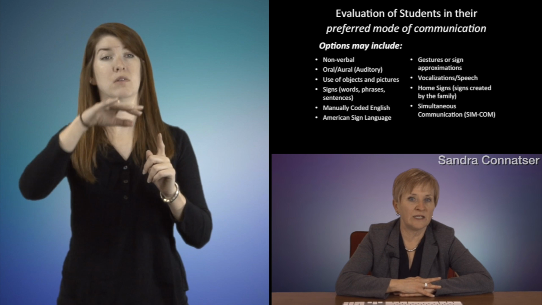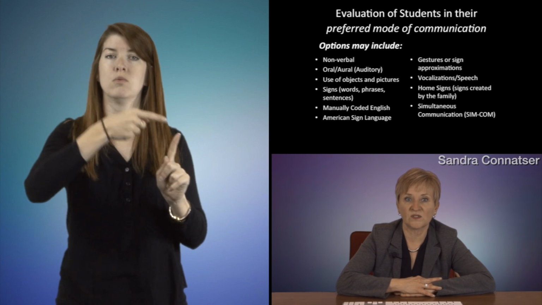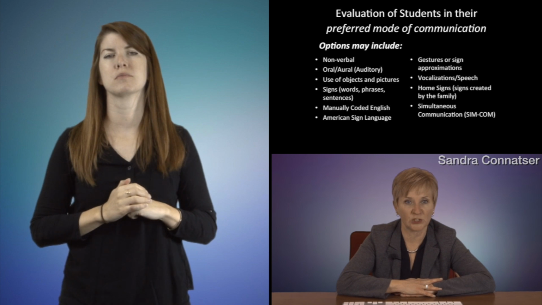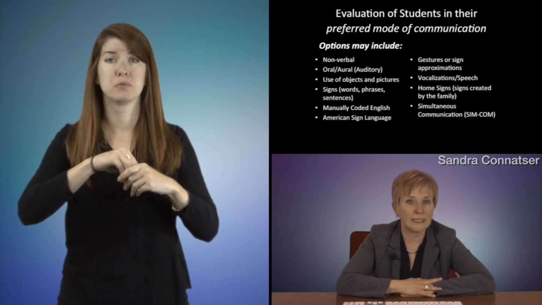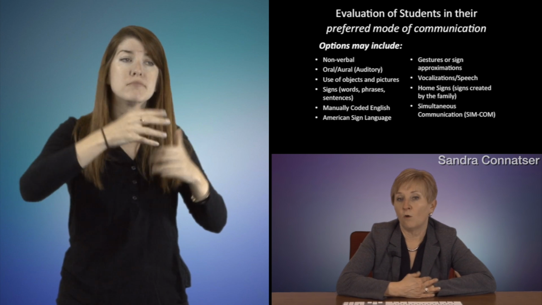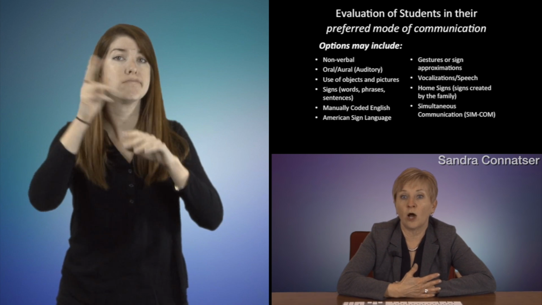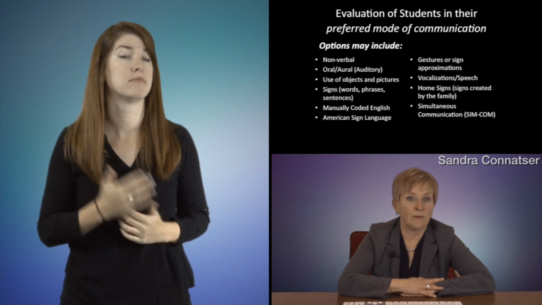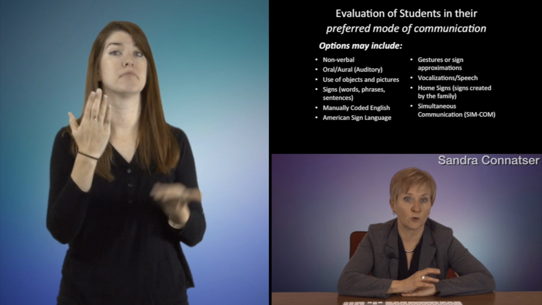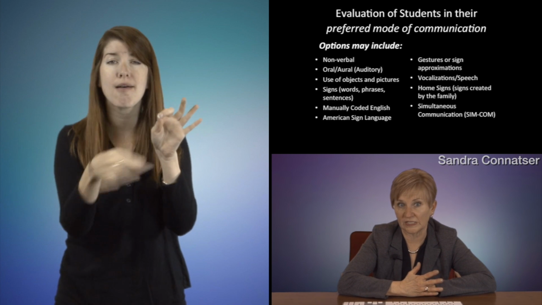We know that in the evaluation of students, we must evaluate them in their preferred or primary mode of communication. These options may include communication that is nonverbal or communication that is oral auditory only. It may be the use of objects and pictures. It could be signs that are words, phrases, or sentences.